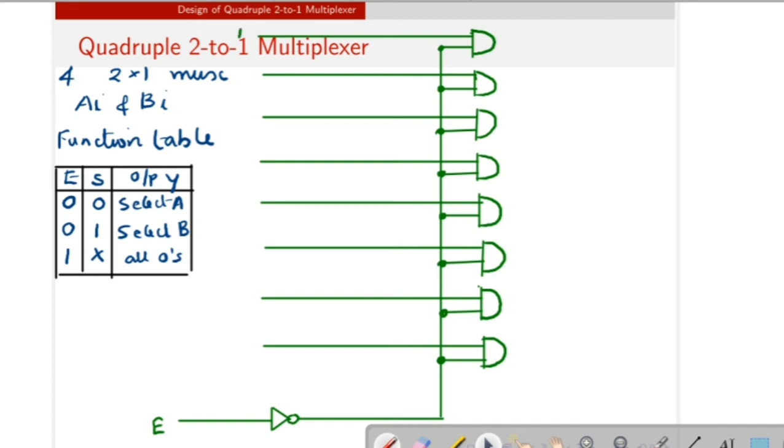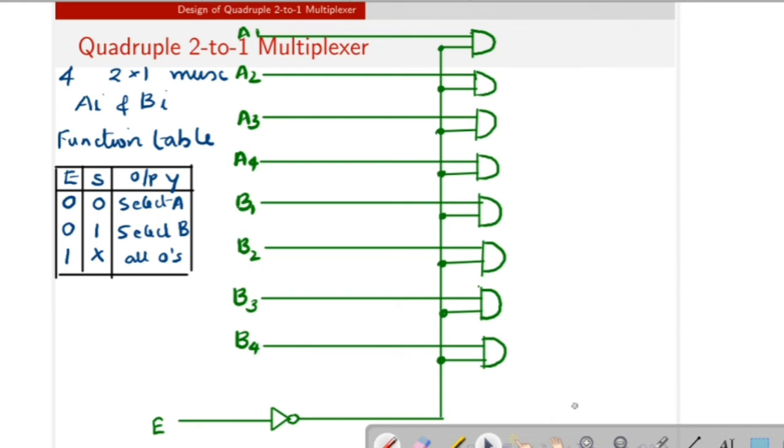This one is A1, A2, A3, A4, then B1, B2, B3, B4. For the first multiplexer the inputs are A1 and B1. Then for the second multiplexer the inputs are A2 and B2. Like that for A3, B3, A4, B4.